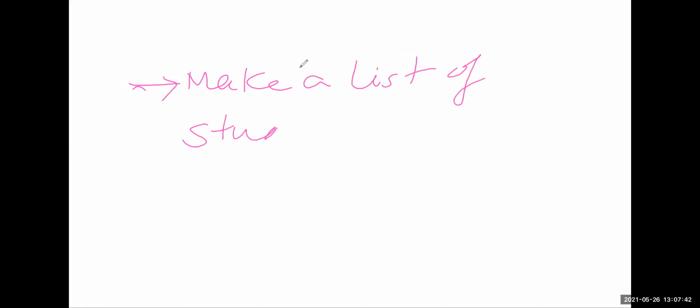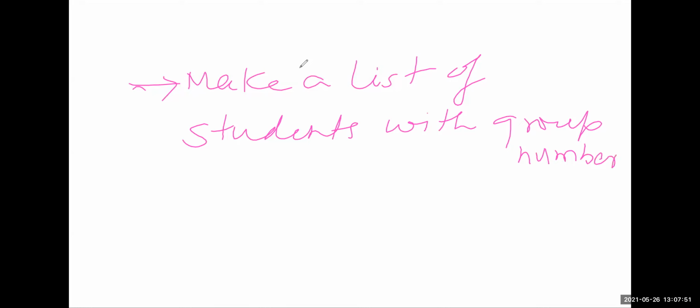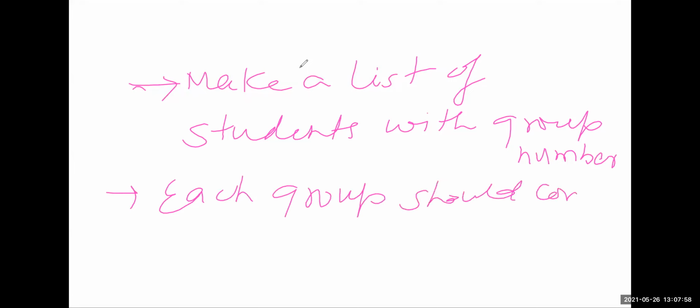There is some sort of assignment I'm giving. Make a list of students with group number. Each group should consist of 4 to 5 students.